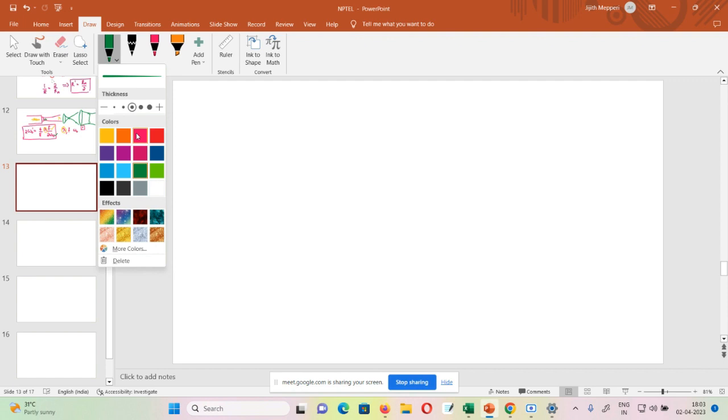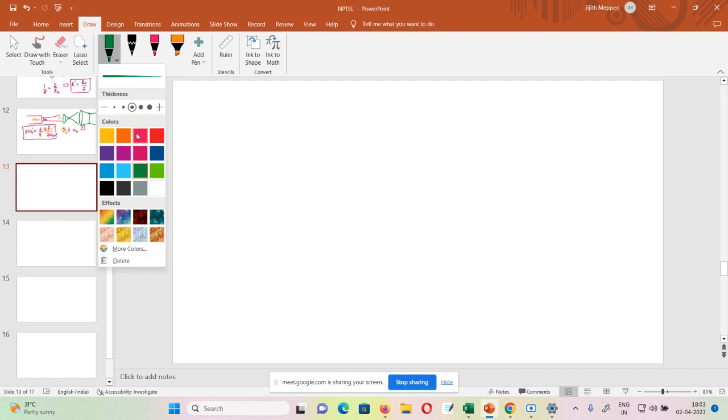What is the equation for M squared? M squared will be equal to pi by lambda into omega into theta, and this omega into theta will be your beam parameter product.